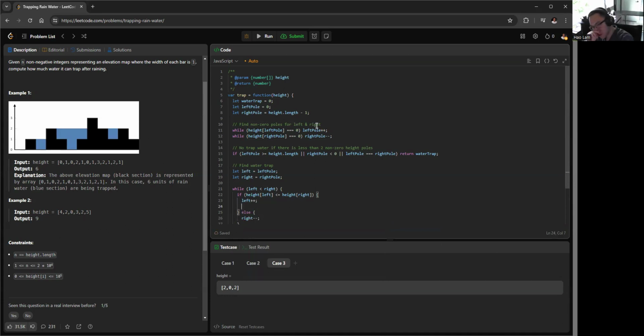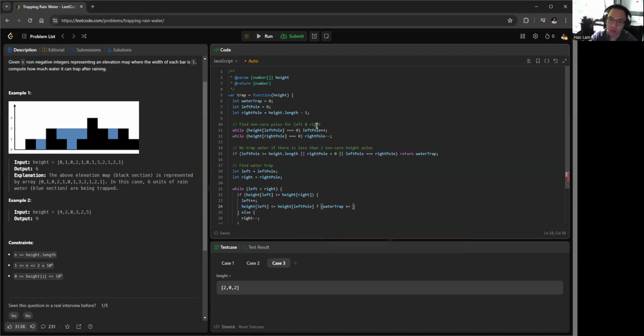Okay. So what do we want to do? If the height at the left is less than or equal to the height at the left pole, which means we have trapped water, we can go ahead and add it to our water trap.